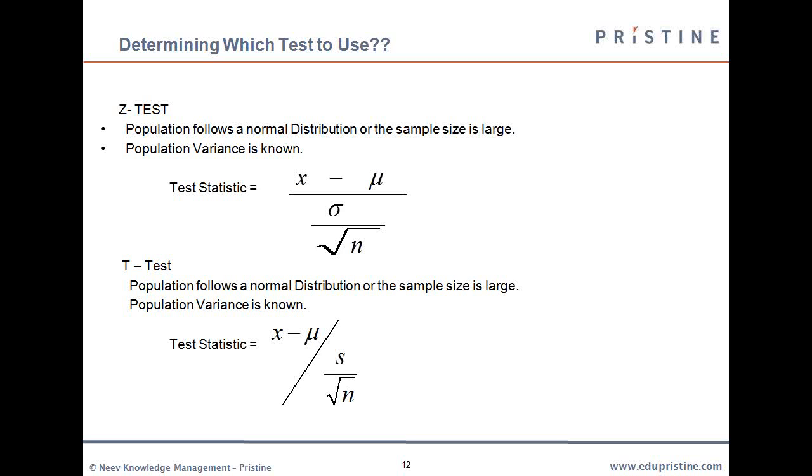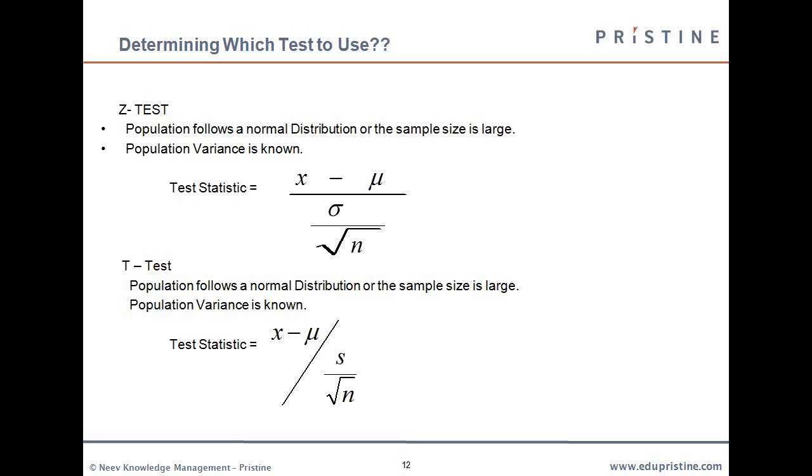The two important criteria we should look at before using the Z-test are whether the population follows a normal distribution or the sample size is large, and the second criterion is whether the population variance is known or not. If the population variance is known, and the population follows a normal distribution or the sample size is large, we can use the Z-test.